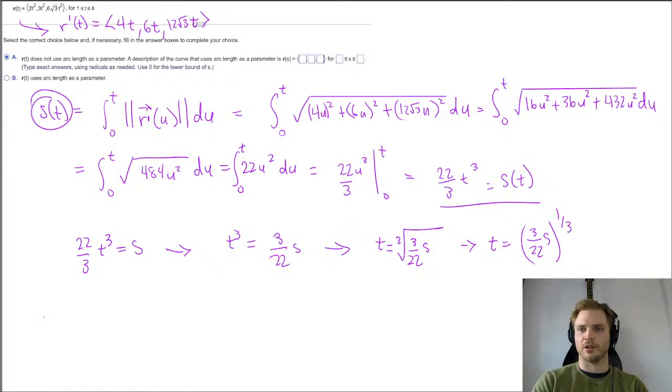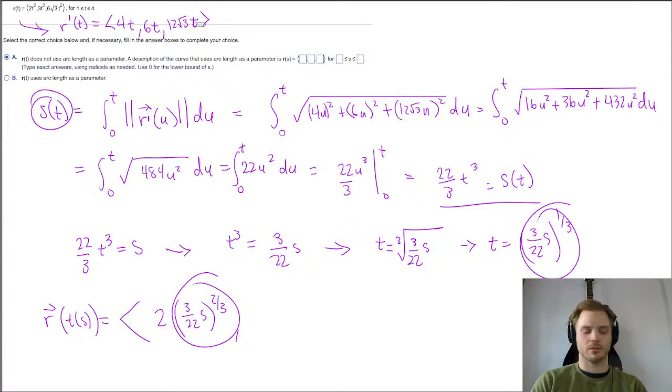Okay, so now we need to do r of t of s. This will be the parameterized form. So it's 2t squared, which is 3 over 22 s to the 2/3, that's the square of this.